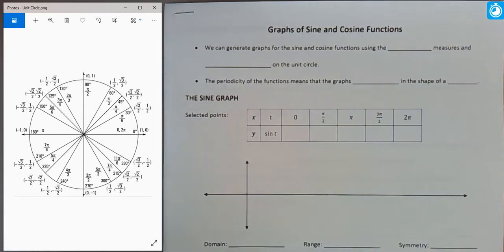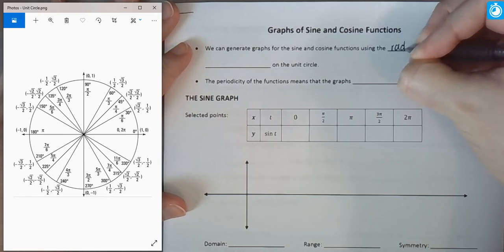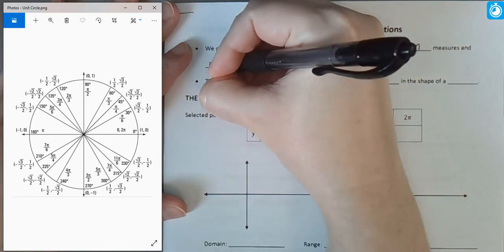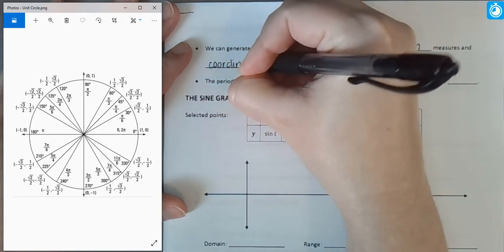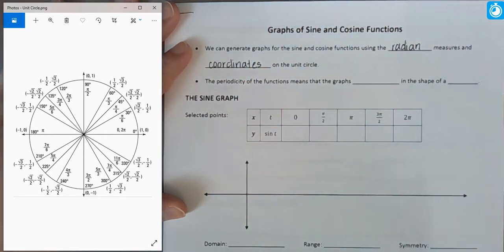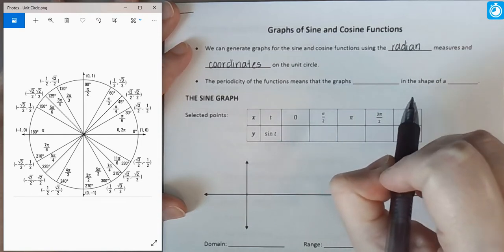We're going to generate our graphs using the radian measures as our inputs and the coordinates as our outputs, all of which we find from the unit circle. The radian measures are going to represent our x values, our inputs.